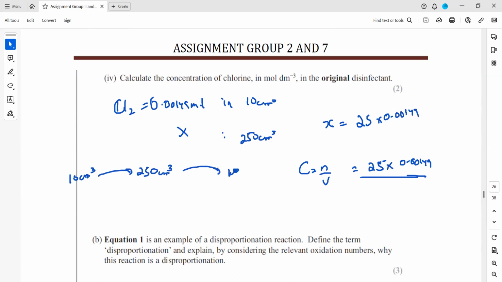So we got the moles in 10. From moles in 10, we need the moles in 250, so we multiply by 25. But we need the original concentration. So original volume was 10, so this will be 10 or 0.01 dm cube of the solution. So this will give us the concentration of the chlorine, which is 3.73 moles per dm cube.